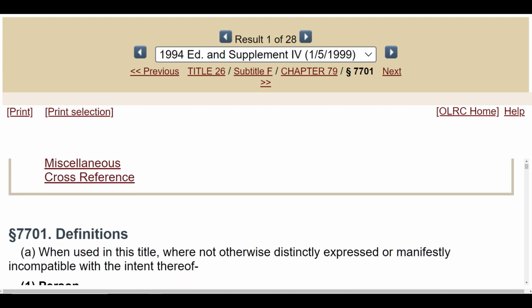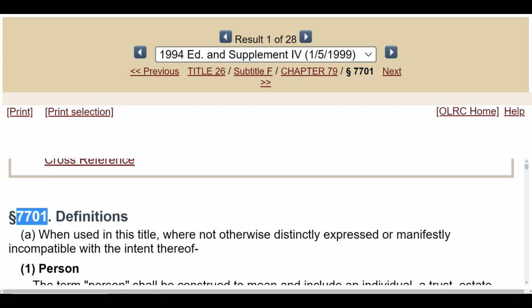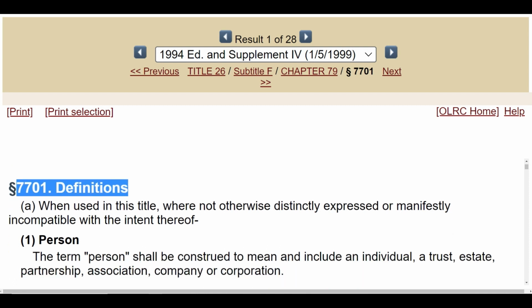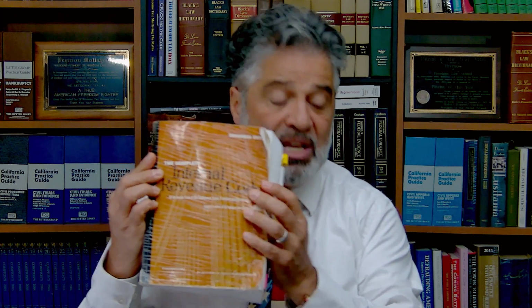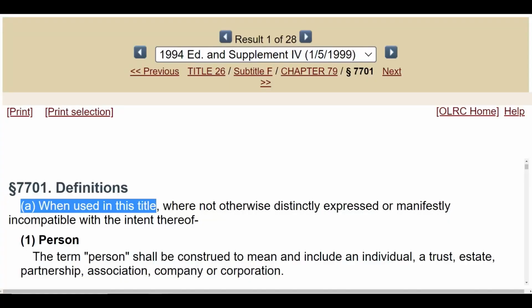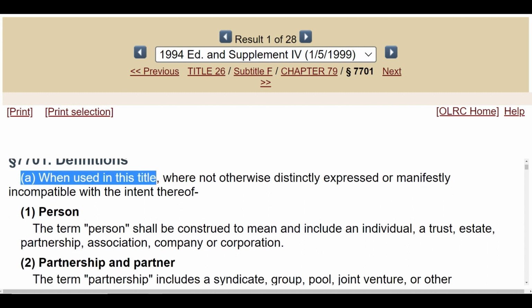We're going to read Section 7701, Definitions. (a) tells us, when used in this title. What title? The Internal Revenue Code, Title 26. That's why it's called 26 U.S.C., Title 26 of the United States Code. They define many terms.